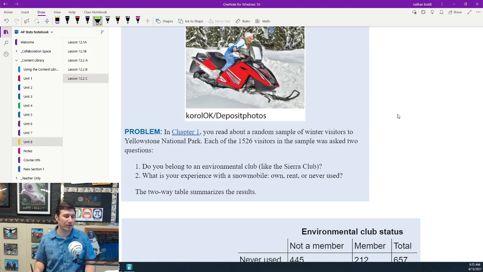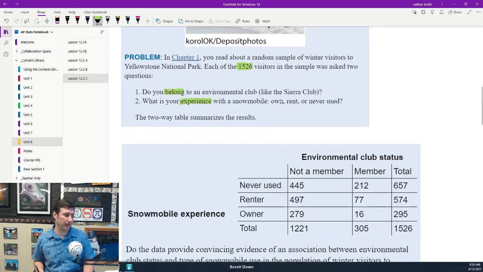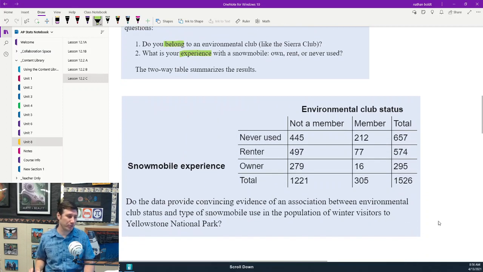All right, so do you see how we have two categorical variables here? We're going to have two traits about these people. Each respondent, we're going to know two things about them. Do they belong to a club? And their experience with a snowmobile. We have one population, one sample, but we know two things about each person. And so we get this two-way table here.